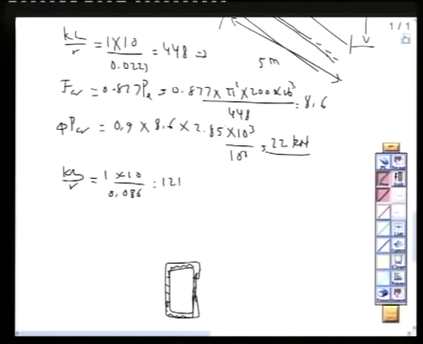We compare it with KL over r in the weak direction, which is 1 multiplied by 5 divided by 0.0223, because now it's braced at the middle in the weak direction, and we find that KL over r equals 224.